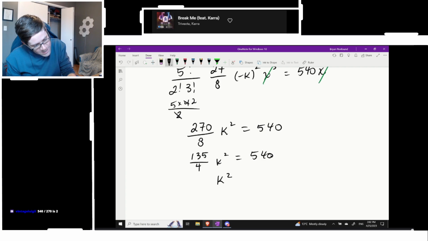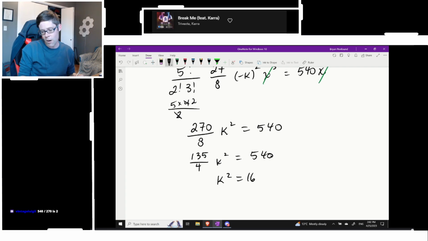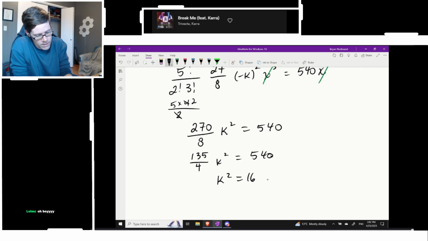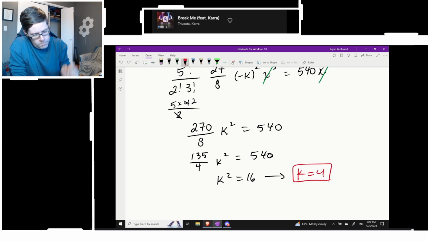Yes! This is how you know you've done it properly, right? This is usually how you know. Oh, cool. I didn't even see that. Yeah, 540 divided by 270 is 2. Multiplied by 8 is going to give you your 16. Nicely done. So we have k is equal to 4.